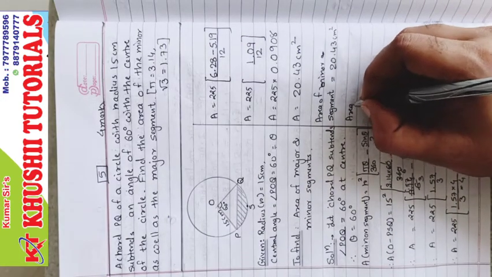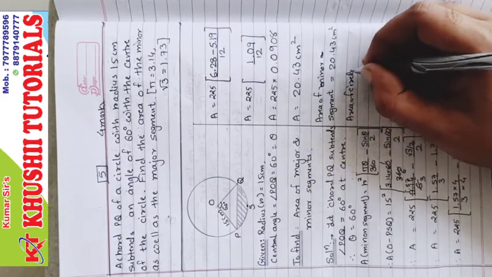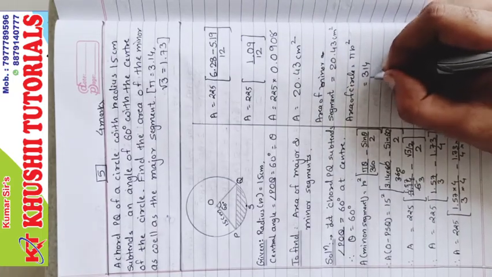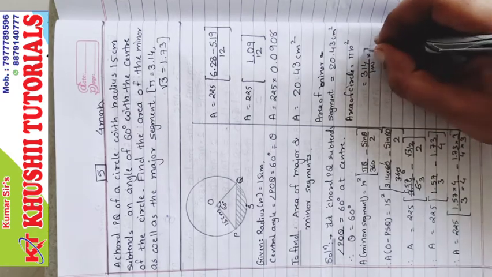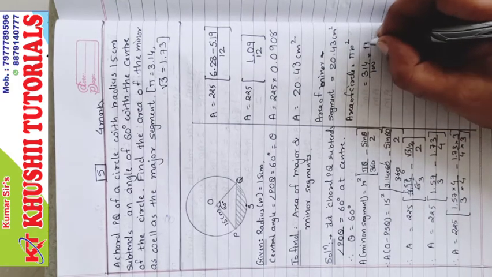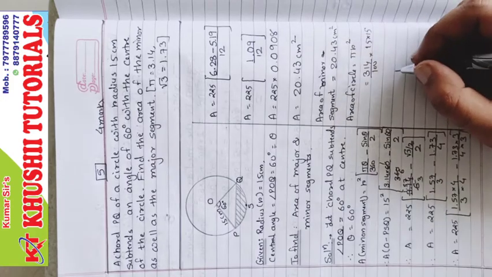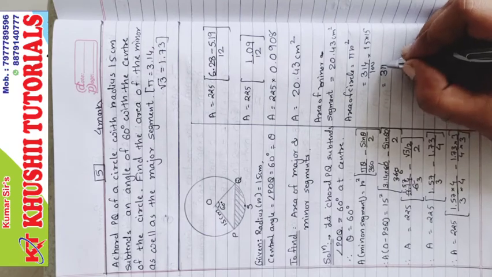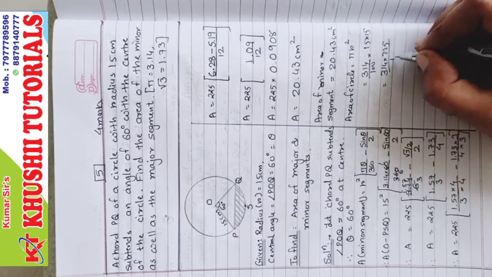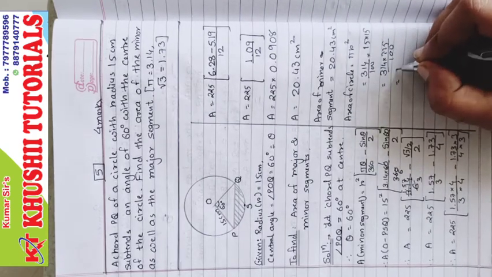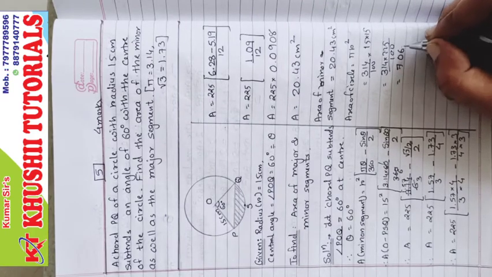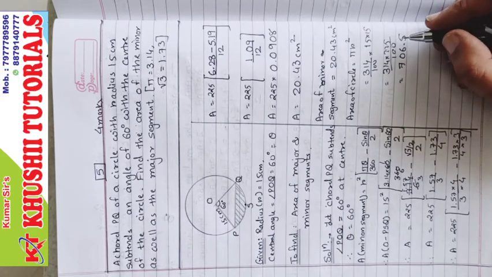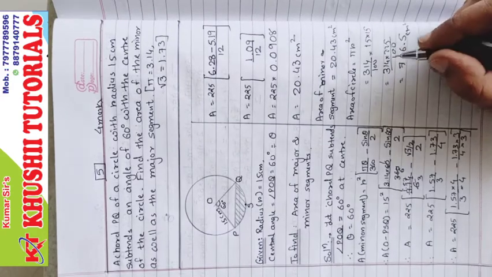Now area of circle, pi r square, pi is 314 upon 100, and radius is 15 into 15, which is 225. So 314 into 225 upon 100, and which is equal to 706.5 after putting all the decimal point centimeter square. That is area of circle.